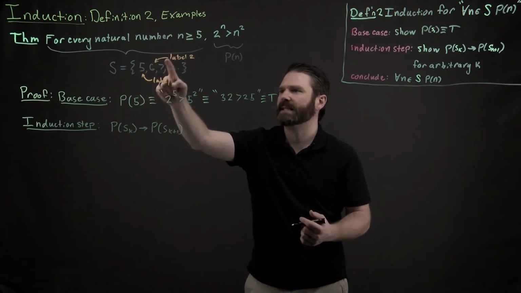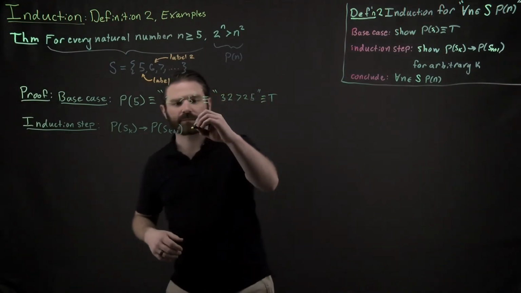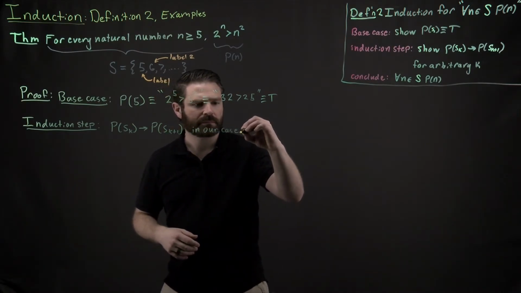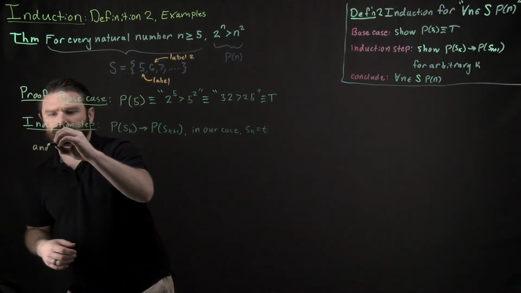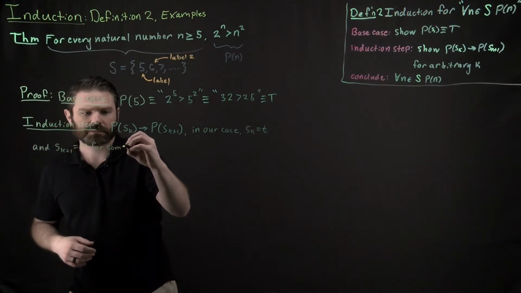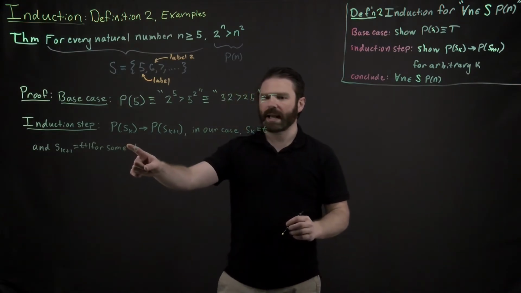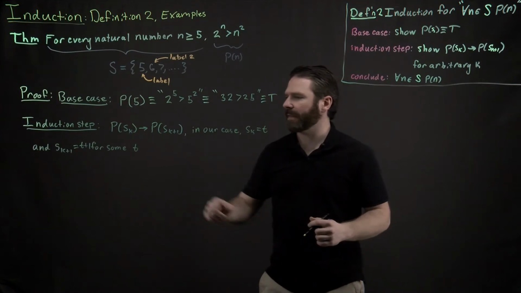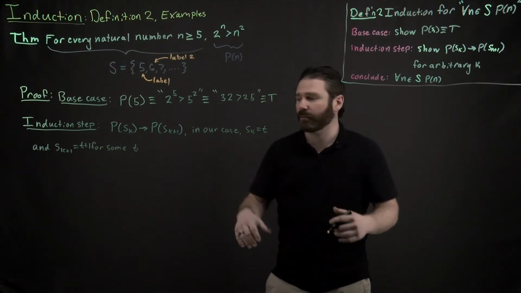This goes 5, then 6, then 7, then 8, etc. So they're successive numbers. So we have that the kth element of this set is some number, t, and the k plus first element of this set is t plus 1. So it's the next one for some t.